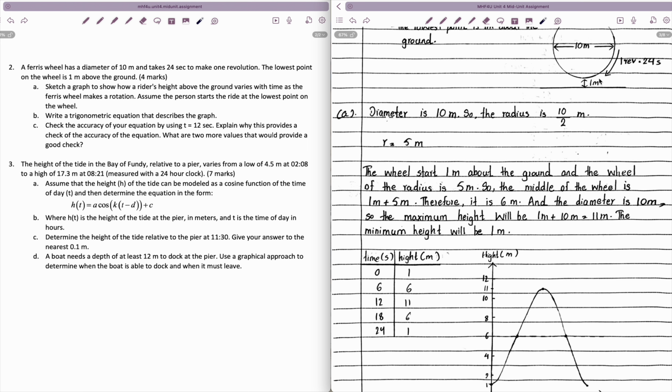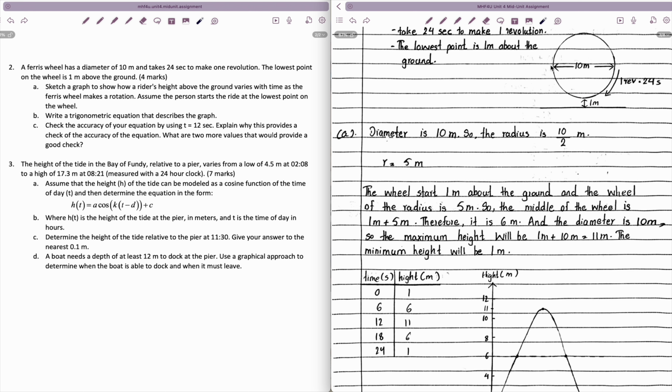At t equals 0 seconds, the height is 1 meter, and at t equals 6 seconds, the height is 6 meters because the radius is 5 meters and the lowest point is 1 meter, so 1 plus 5 is 6 meters, the middle.